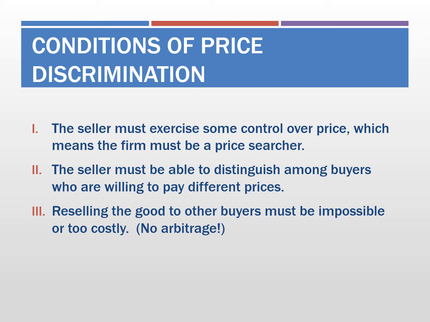If the student discount ticket could be resold from your niece to you, and you could use it to enter the theater, then who is going to buy the full price ticket? So reselling the product is not permitted in price discrimination settings.